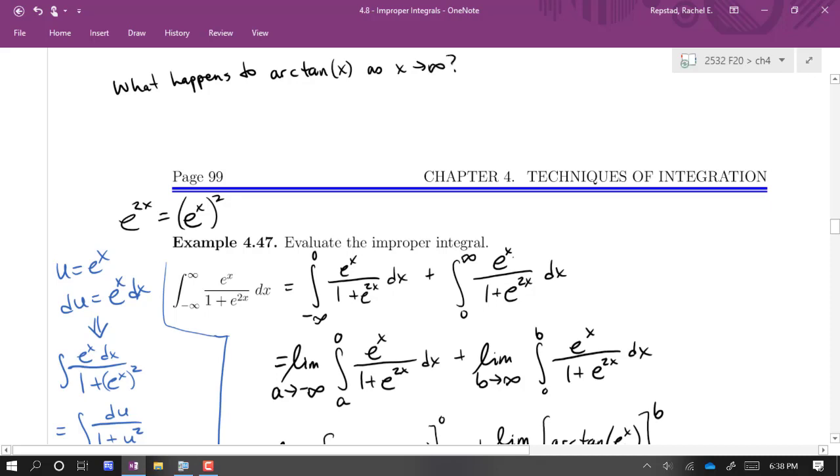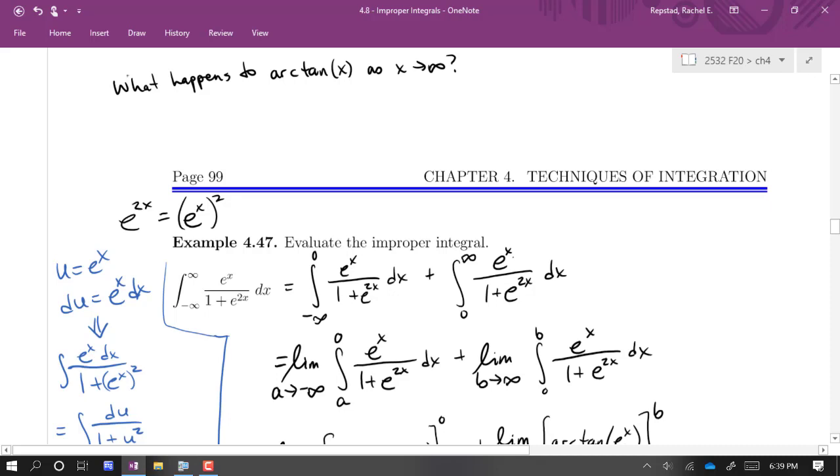So remember that the arctan is the inverse trig function, right? So for example, arctan of 1 says give me the angle where tangent is equal to 1.